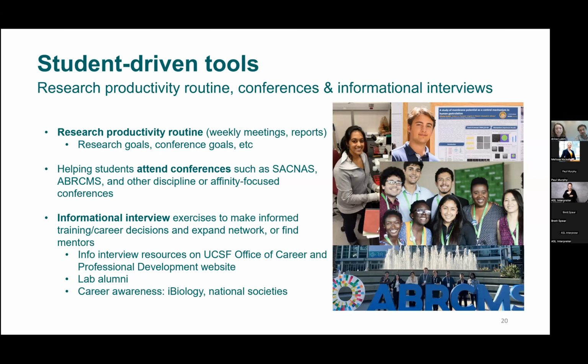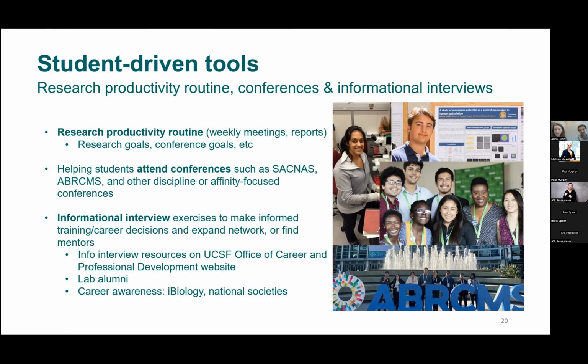Conducting these informational interviews can not only help them make more informed decisions about their own training, next steps, and career decisions, especially if they're uncertain about what career direction they want to go in. This, again, is a low-stakes way of gathering information and making informed decisions. It can also expand their network and sometimes even lead to additional mentors that Javier has mentioned can be really helpful.